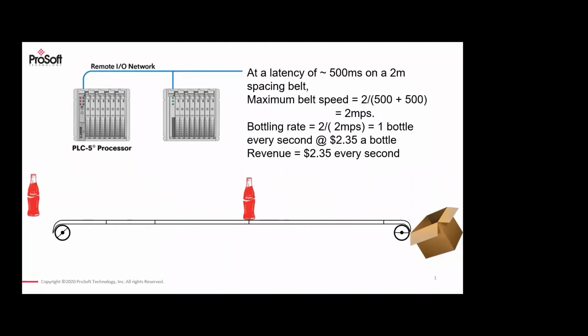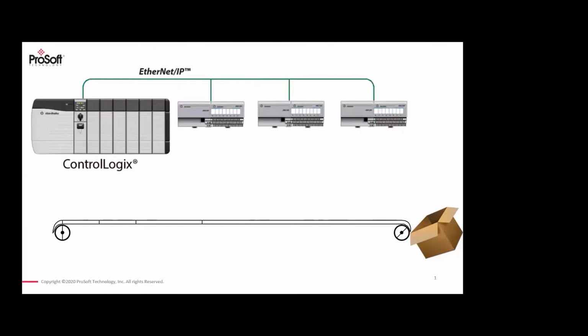But John Doe, the site supervisor, decides to migrate to a control logics platform that can achieve RPIs as fast as 5 milliseconds. Because it's Ethernet, it can now have multiple instantaneous connections to the I/O. Right. Now the belt can travel as fast as 500 meters per second.